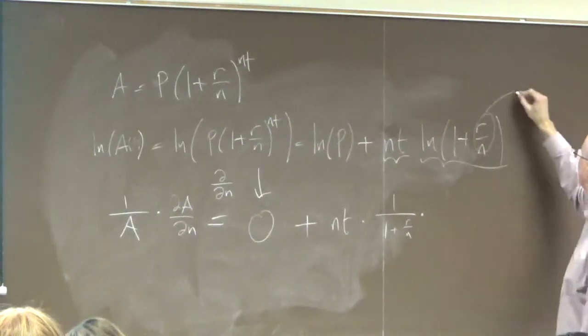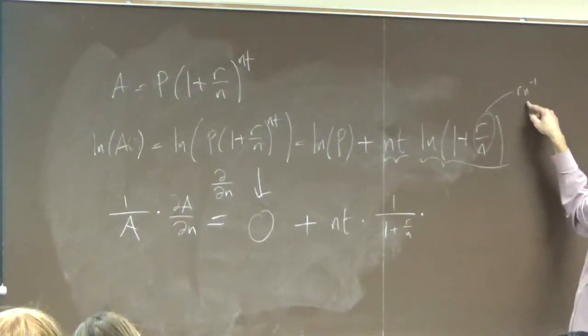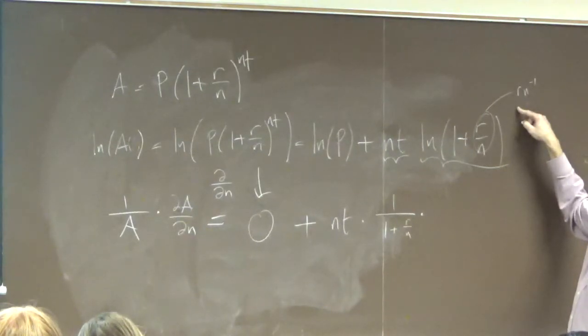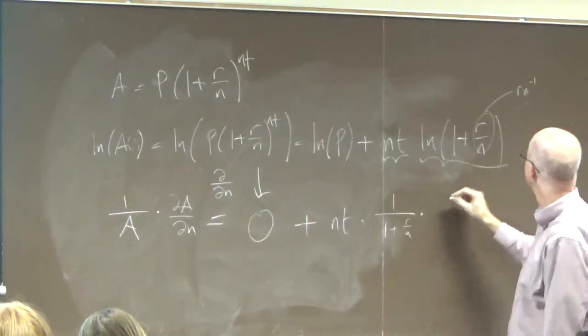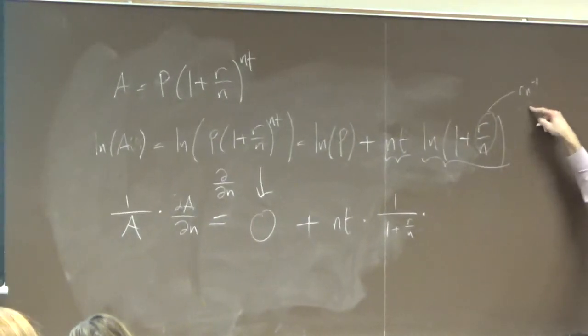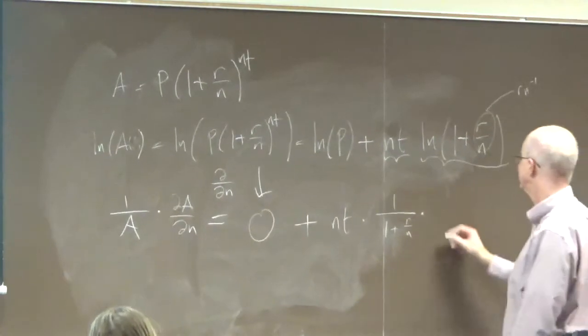What's the derivative of that with respect to n? I can write it that way and use the power rule. This is tricky. I'm not saying this is easy. That'll be negative r times n to the negative 2 if I differentiate that with respect to n.